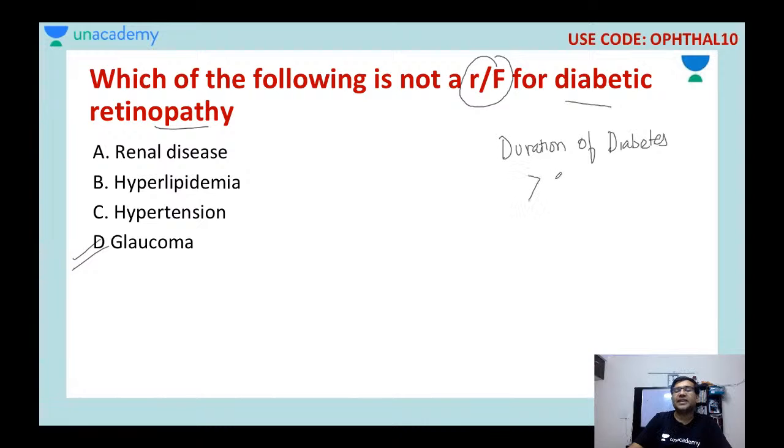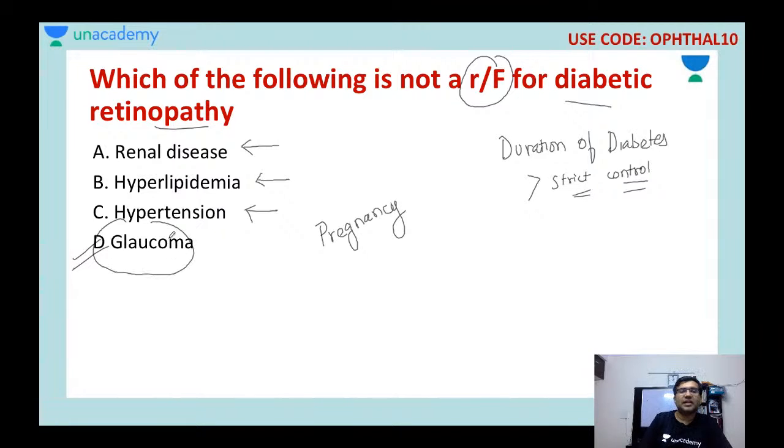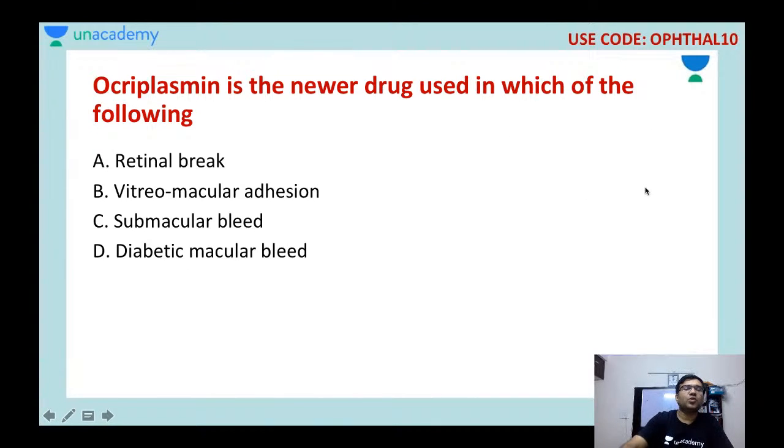After the duration, the next most important risk factor is the glycemic control, how well the patient is controlling his diabetes. The other risk factors are the renal diseases, the hyperlipidemia, hypertension, and even pregnancy. Now remember, glaucoma is not a risk factor for diabetic retinopathy. Okay, let's move to our next question.